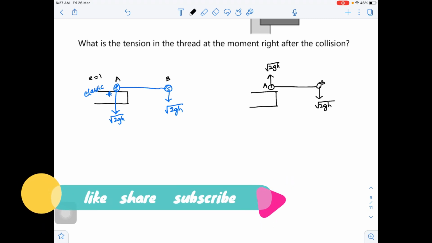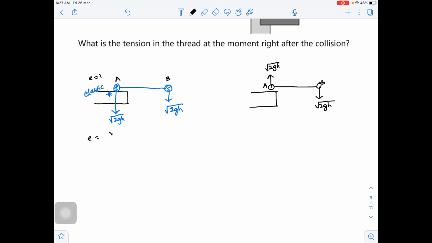Because here e is equal to 1, so e is equal to velocity of separation by velocity of approach. It is approaching with root 2gh velocity, so it will separate also with root 2gh velocity because e is equal to 1. So this is a known thing in elastic collision: when a body is hitting a stationary surface, it will bounce with the same velocity.